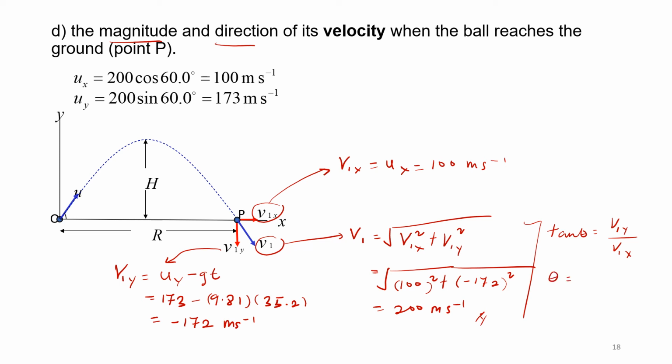Substitute value, negative 172 divide 100. We get theta and direction negative 60 degree.